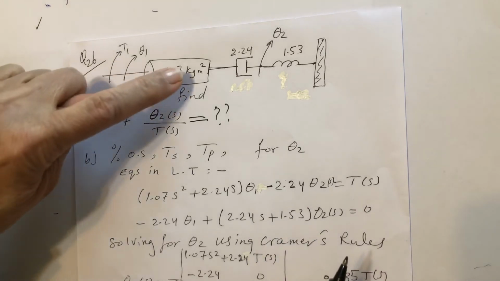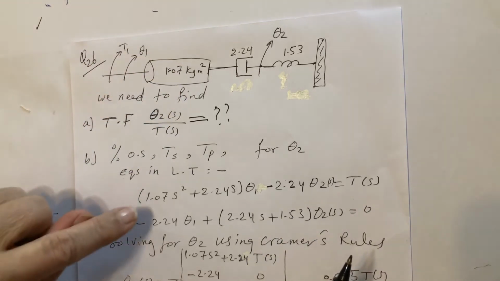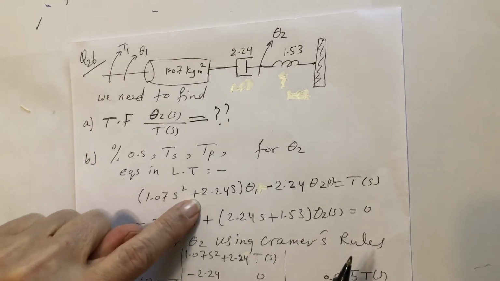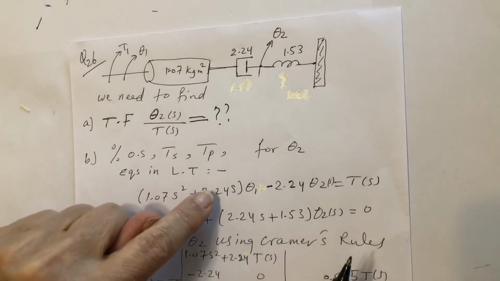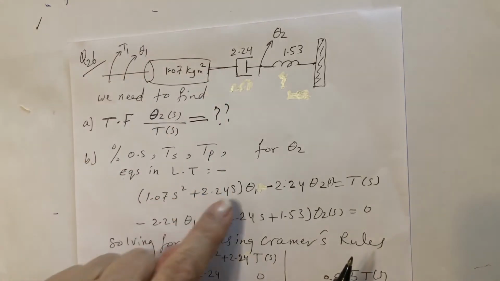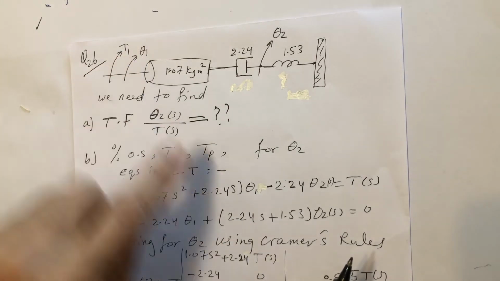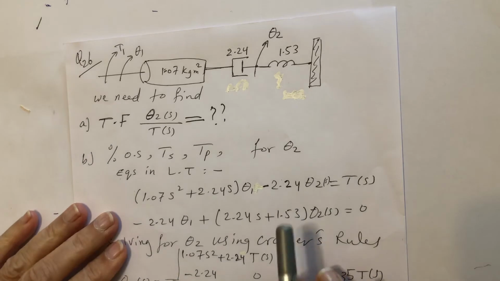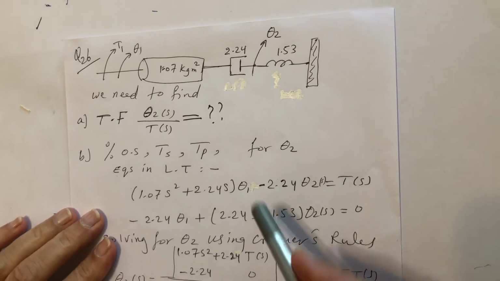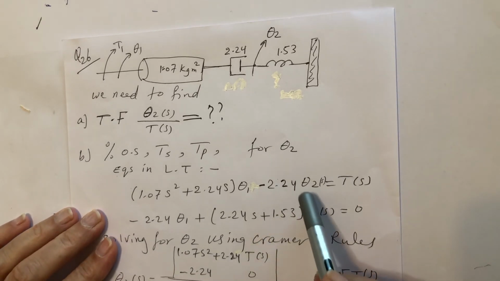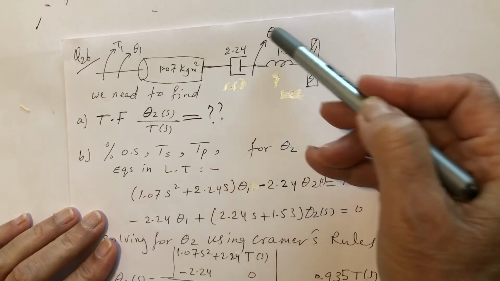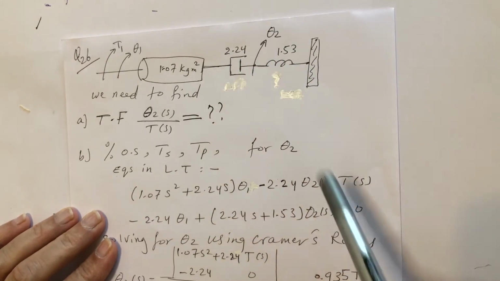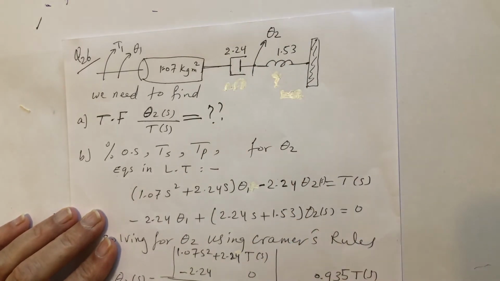So we'll say J s square plus 2.24 times s, theta 1, that's due to theta 1, minus 2.24 theta 2, this 2.24 due to theta 2, equal to T of s. This is one equation.